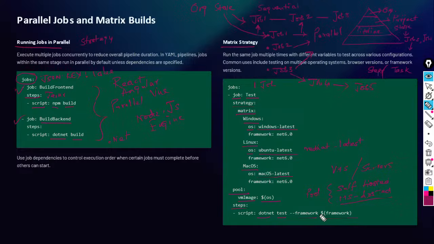This is the variable and the extrapolation of this variable with a $ sign. Framework is the variable. So .NET 6.0 is the framework that we are using. And you are going to do the test on the VM image, virtual machine image, which is a Microsoft hosted server. Any question?